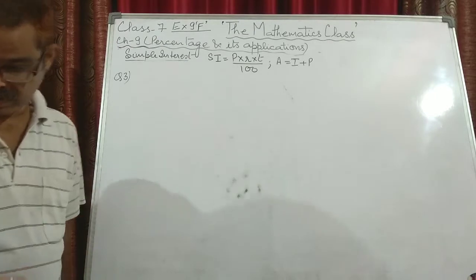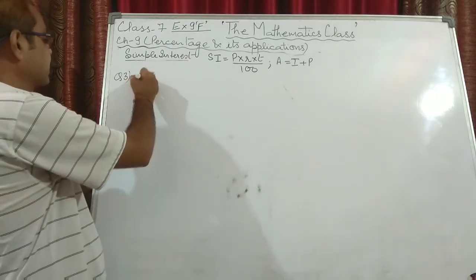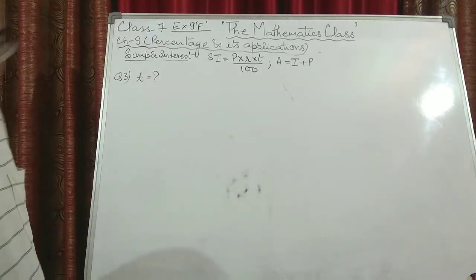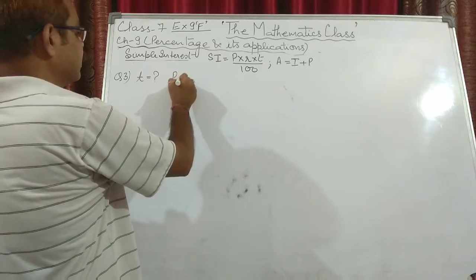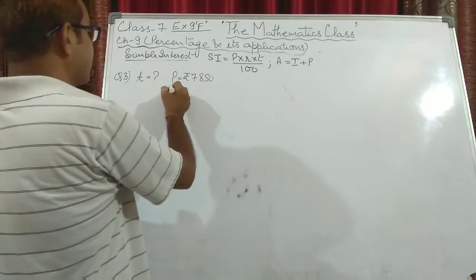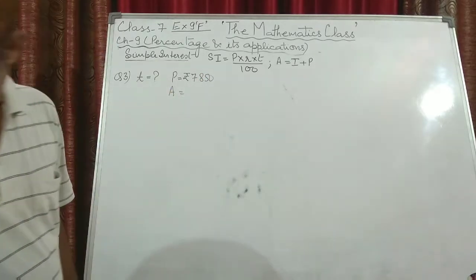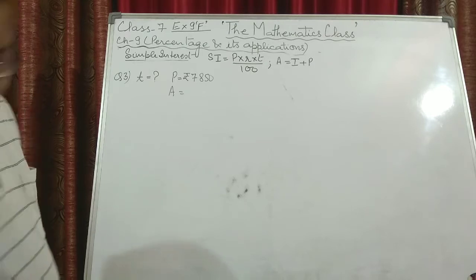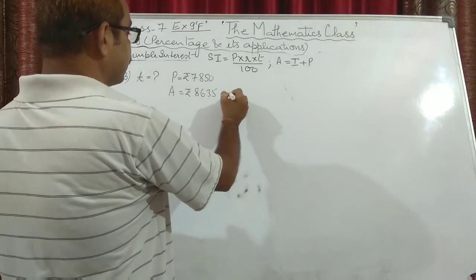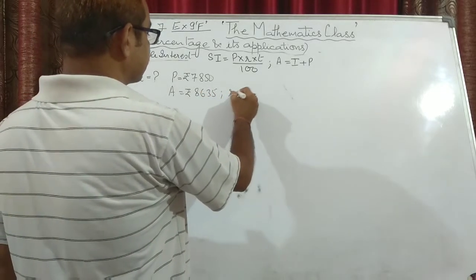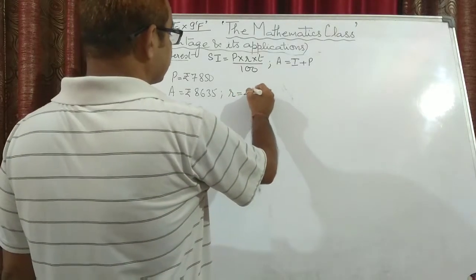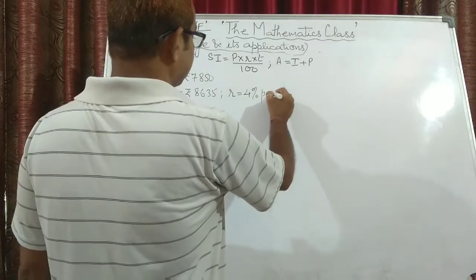Now question number 3 is, in what time? You have to find the time. In what time will rupees 7850, principal is rupees 7850, amount to 8635 rupees, and it is given at 4%, means rate is given at 4% per annum.